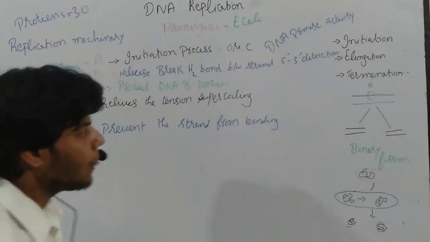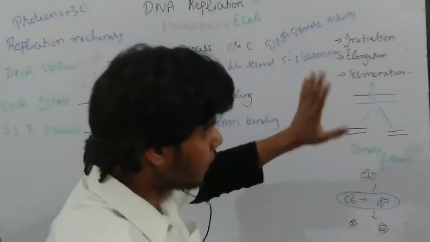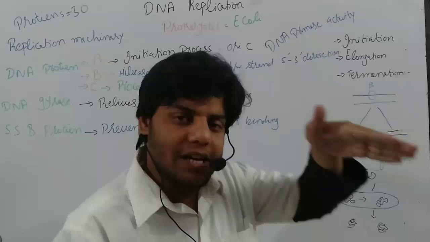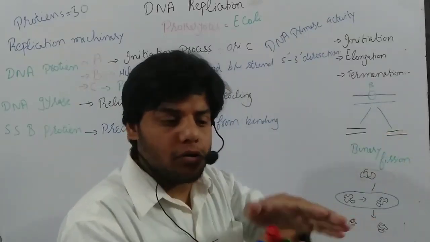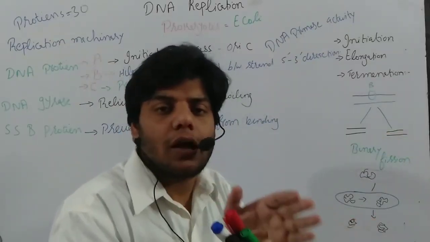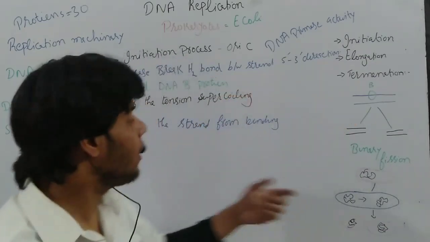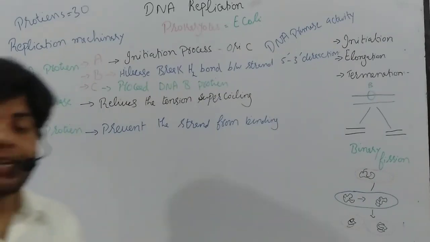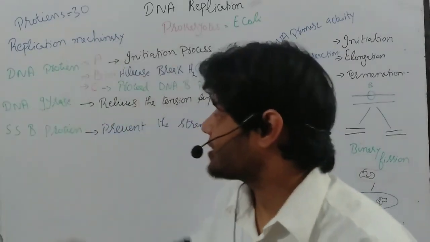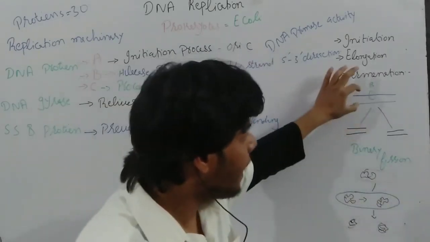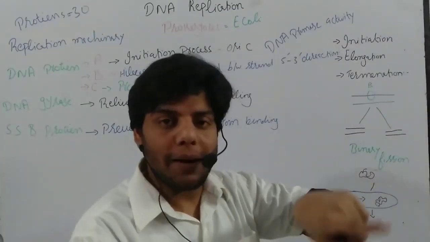Let me once again tell you, let's suppose this is the DNA strand. We melt it, so the strands will be separated from each other. Whenever they are separated, there may be a chance that these strands bind to each other again, because the strands are complementary to each other. To prevent this phenomenon, another protein is used, the single stranded binding protein. They just bind to the strand and prevent them from rebinding.